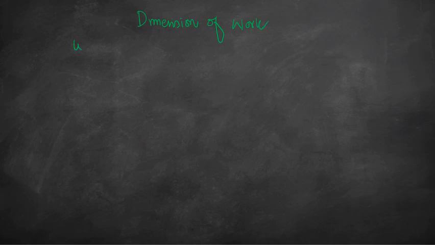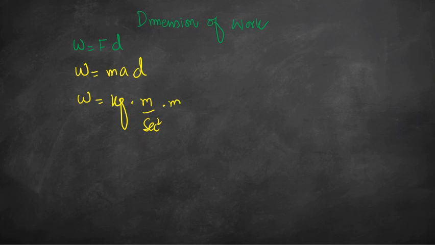As you know, work W is equal to force into displacement, and force is equal to m a, so W is equal to m a into displacement. Mass is in kilogram, acceleration is in meter per second square, and displacement is in meter. So work W will be equal to kilogram meter square per second square.